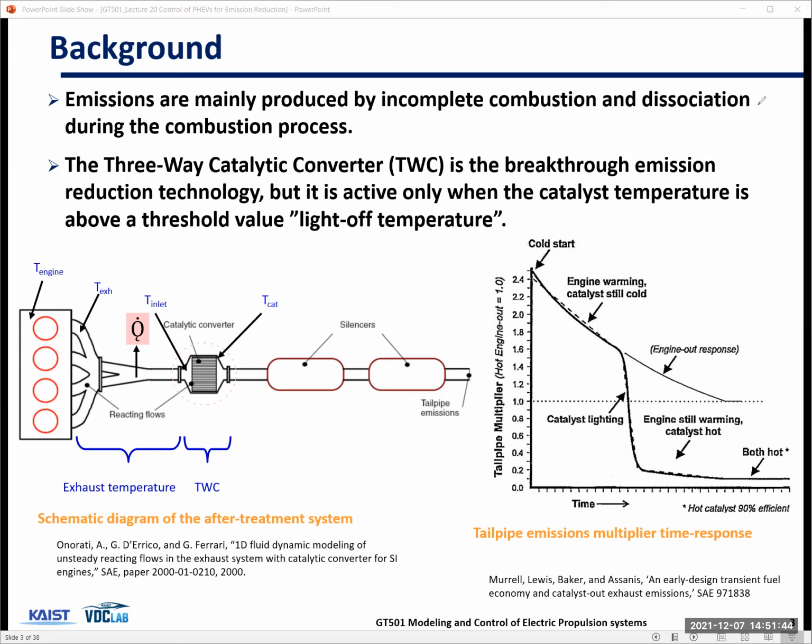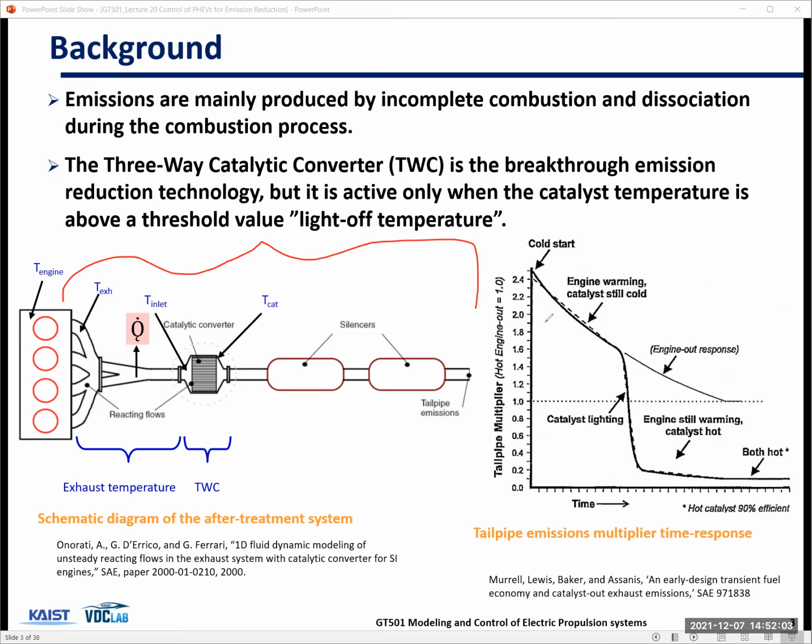This slide is very important. It gives you what's happening in the after treatment system. Usually, this whole thing is called the after treatment system.